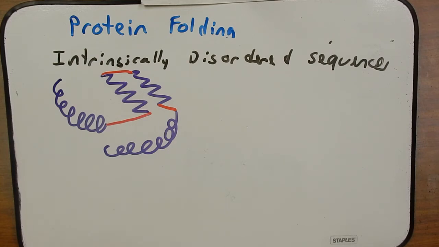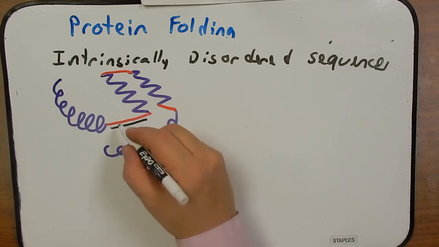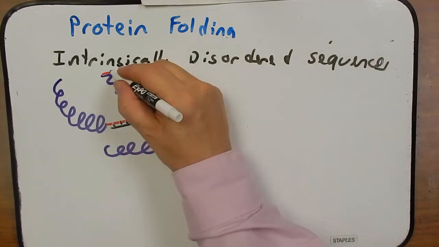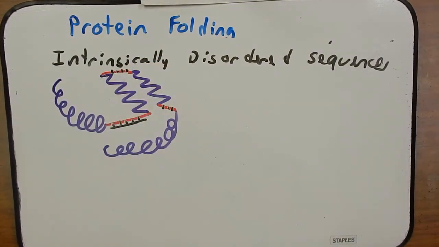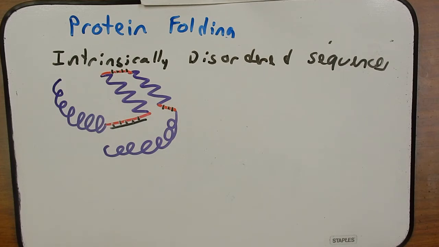At one time, we didn't know they existed, because when you do experiments on these, often these regions here are the least protected, and they're easily degraded during experimentations with them. In addition, these unstructured regions don't form crystals very well, so when scientists did X-ray crystallography studies on these proteins, these typically were not part of that final structure they determined.